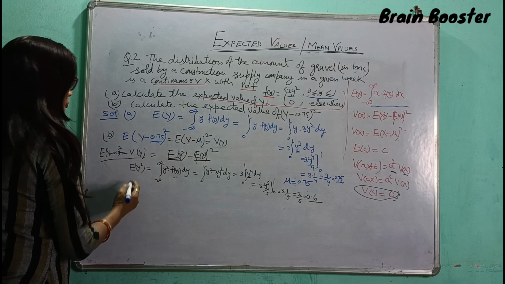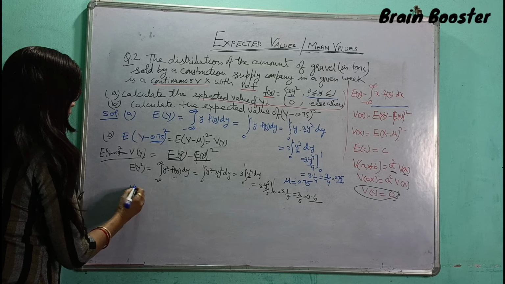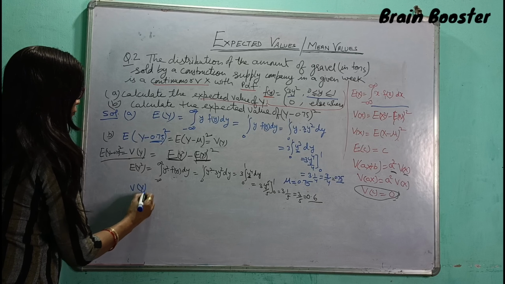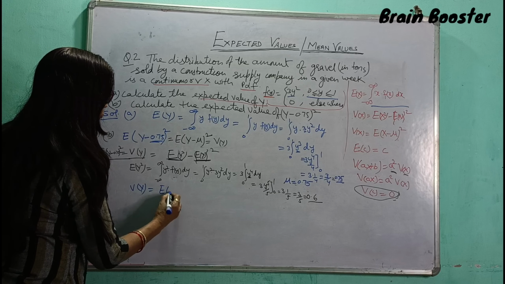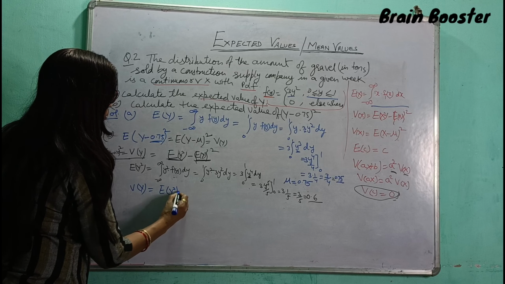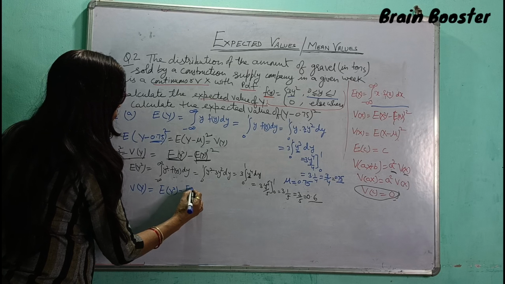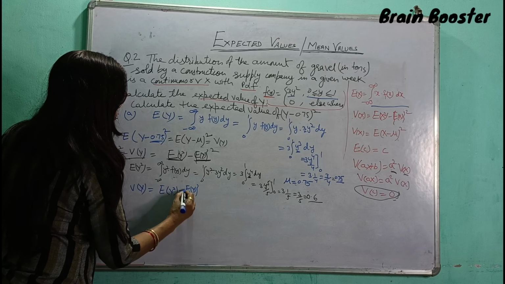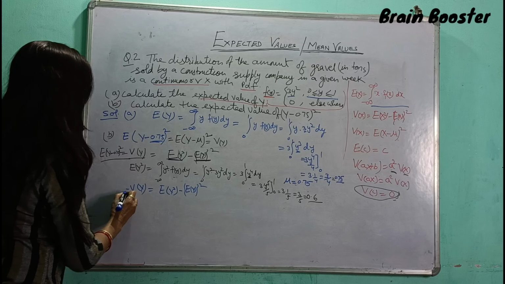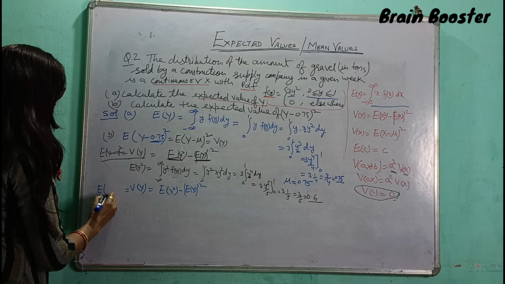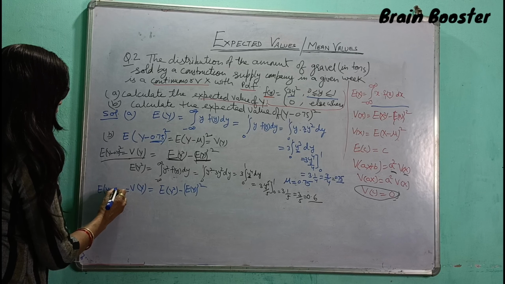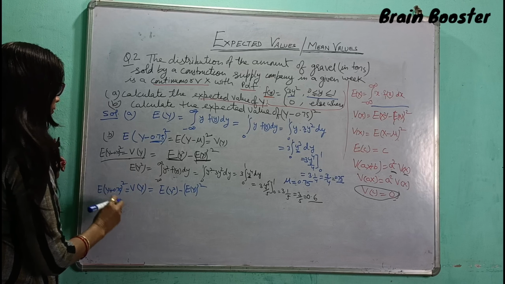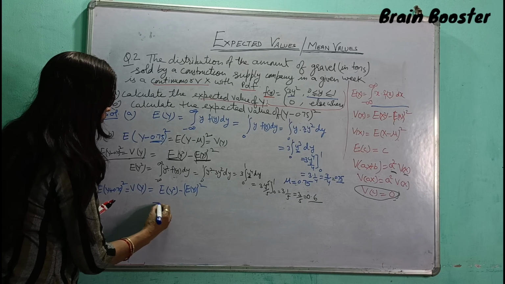Now we can find the variance of y. V(y) is equal to expected value of y square minus (E(y)) whole square, which is equal to the expected value of (y minus 0.75) whole square. Now put the values.